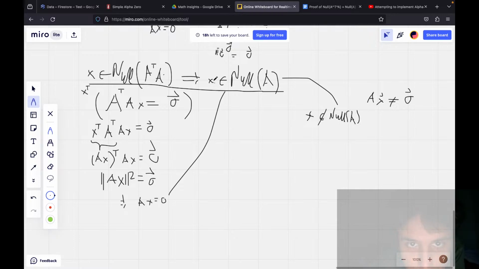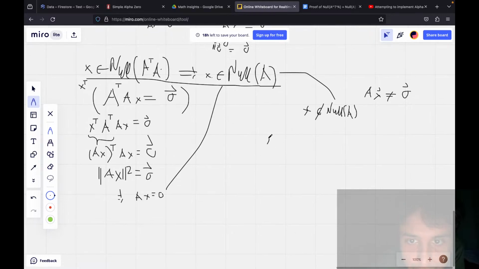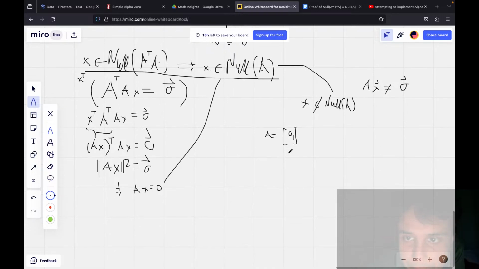The overall strategy is to say that we found x which is not in null of A, and then we're going to say that we cannot reconcile that with x being in null of this. So how do we do that? Well, one case that's very easy, and one thing which I personally did when I tried solving it, is let's just say A is simply one column vector a1, right?